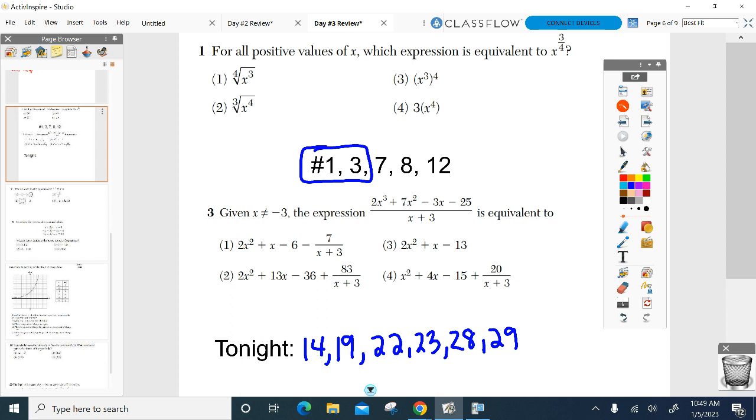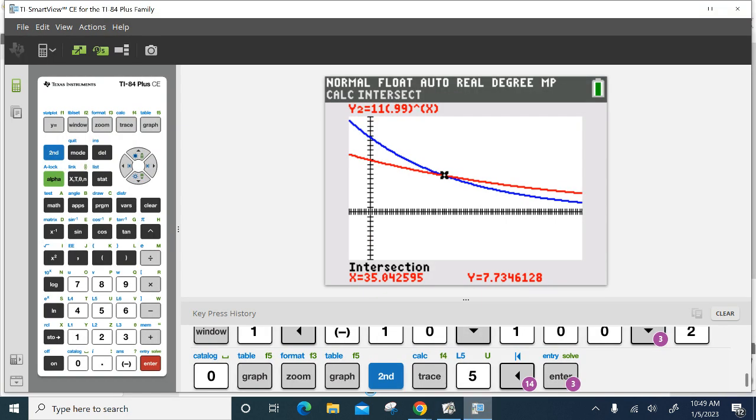Just so I don't run out of time, both these problems were store problems. They're both using your store key. You pick a value for X on number one, store it in, and then, did we have trouble finding the fourth root on the calculator? That's under math.